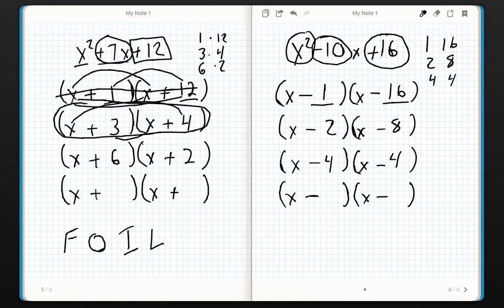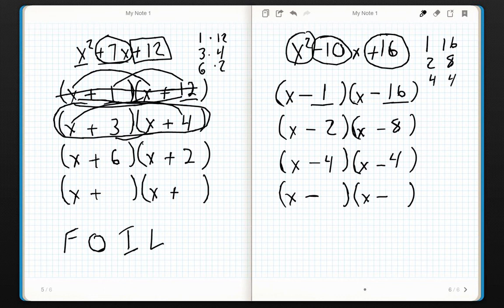Now, again, because this leading term is a 1, the x and the x are x. It's not 2x and x. We'll get to that in a minute. Whether I put the 1 first or the 16 first, which order they go in, doesn't make any difference. It will come into play in a little bit, and you'll see that.